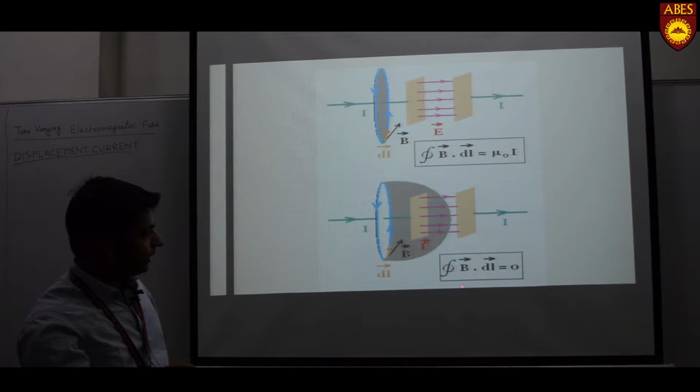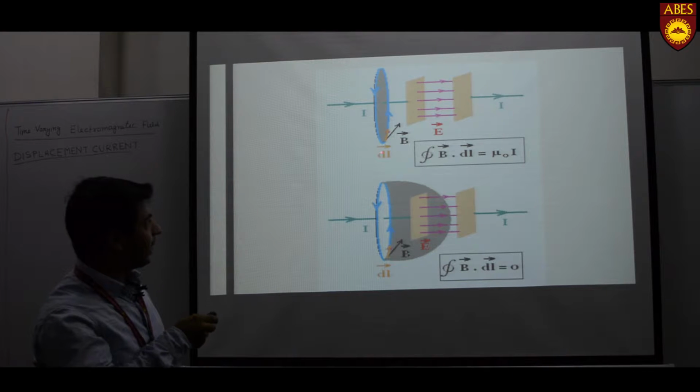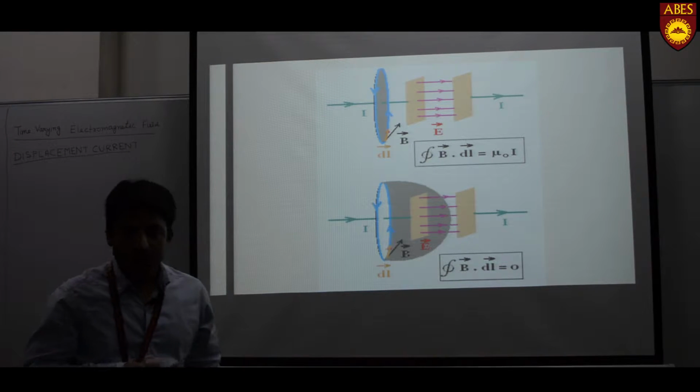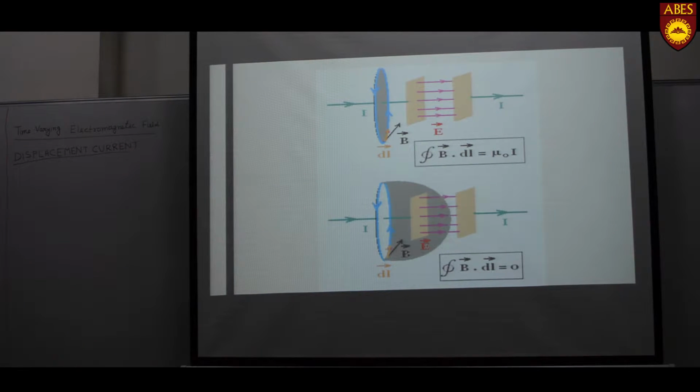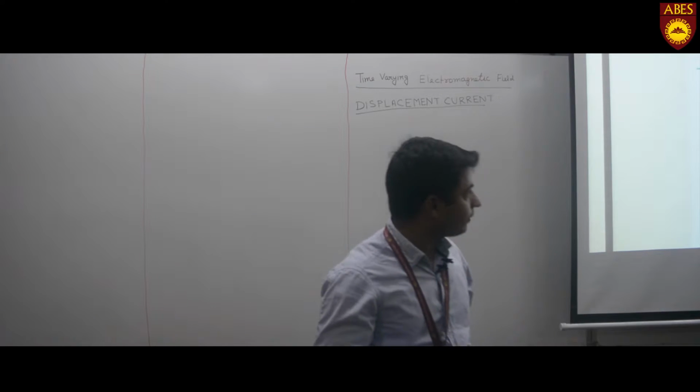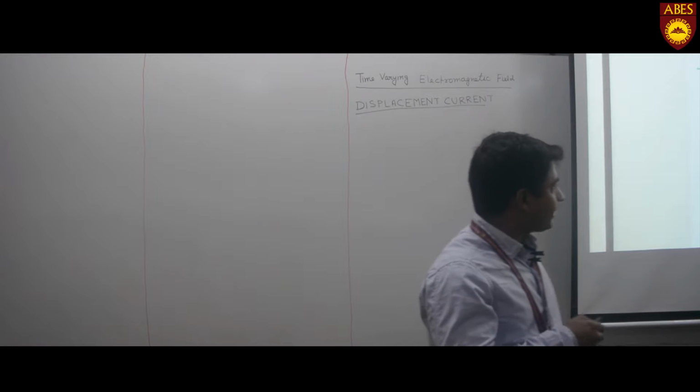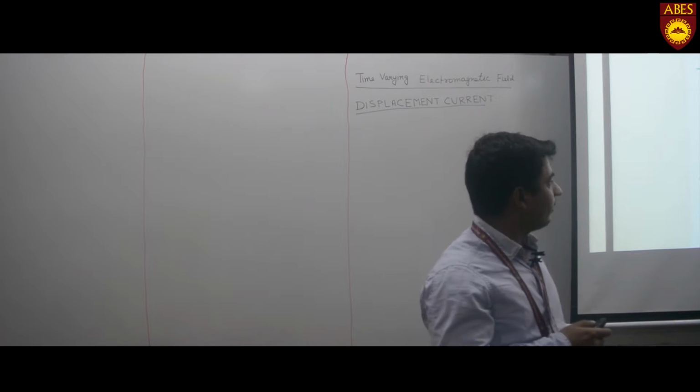It means the closed integral of B dot dl is equal to 0. But we know for the same path it must be mu naught I. It means for time varying field, because in the capacitor the current is time varying, there is some discrepancy.